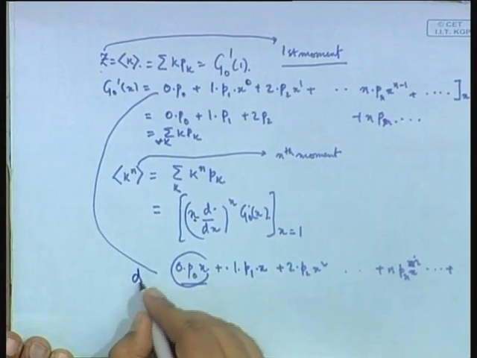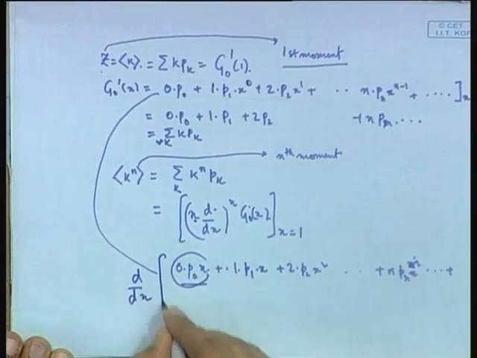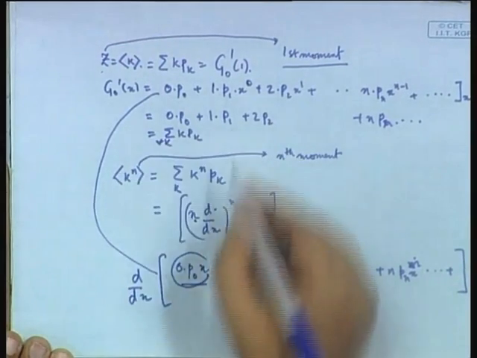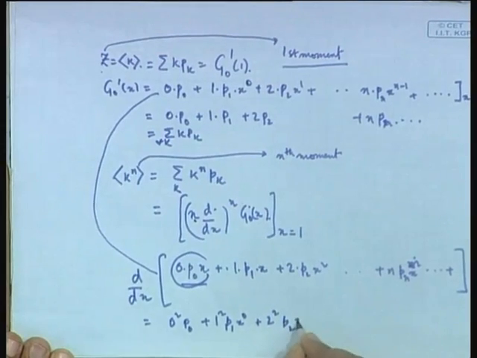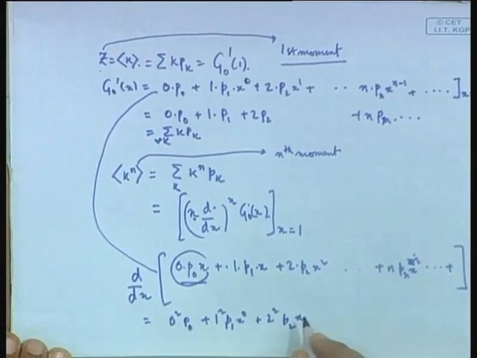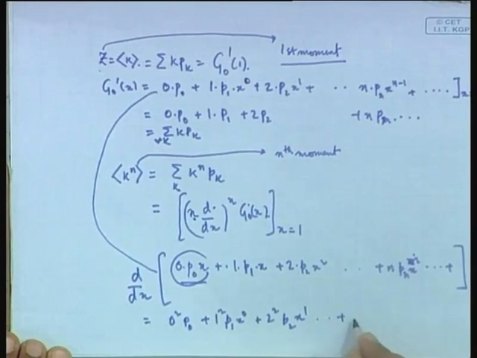Again differentiate this entire sequence, then you will get back 0 square p0 plus 1 square p1 x to the power 0 plus 2 square p2 x to the power 1 plus n square pn x to the power n minus 1. If you want to go one more step, again multiply by x, simple.